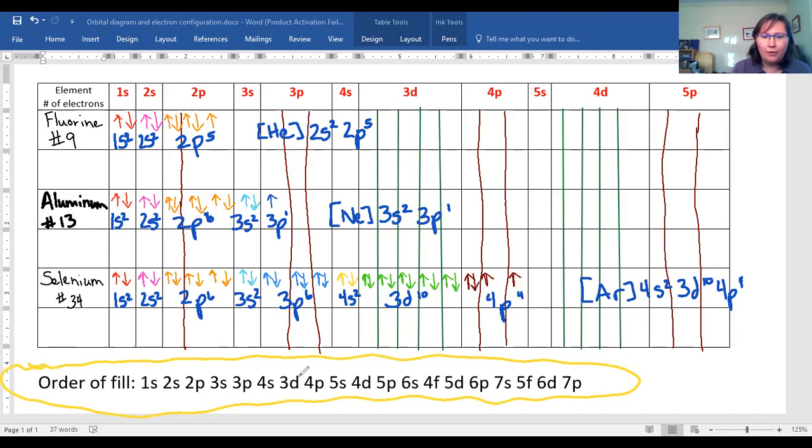But this is the order of fill that you will be using. And the number here corresponds to how many electrons you have in that orbital for that element. Okay. All right. So let's go ahead and go back to another screen.